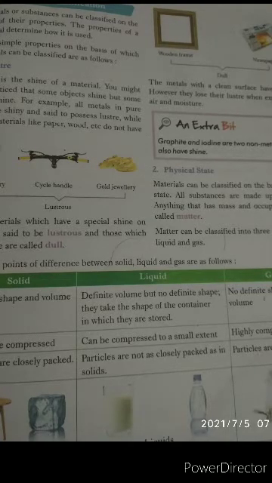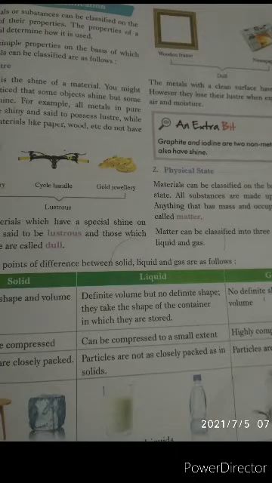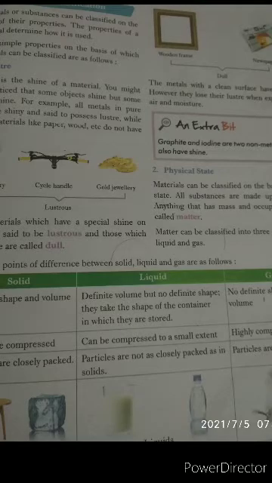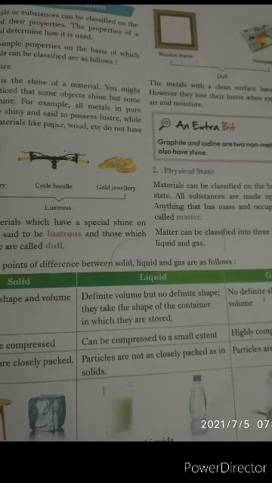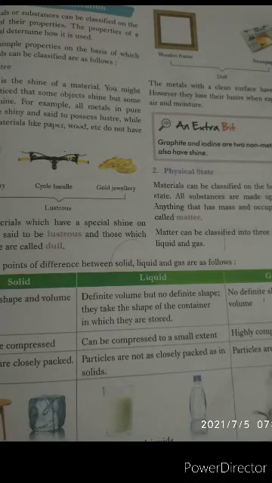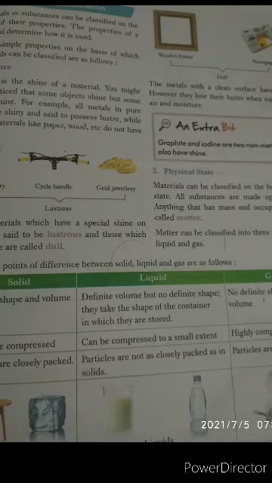Okay, first one, luster. L-U-S-T-E-R. Luster is the shining of a material. You might have noticed that some objects shine but some don't shine.